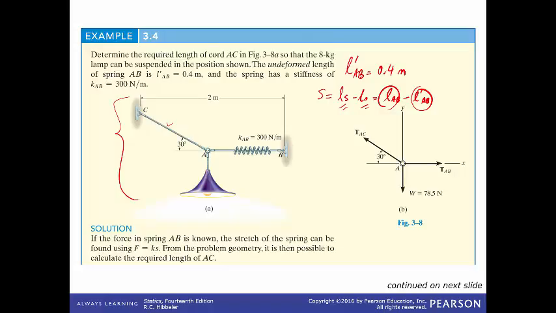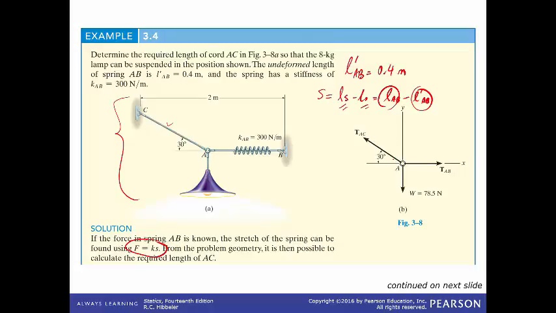And the stiffness constant of the spring is 300 newtons per meter. And what you need to remember is the equation here: the force exerted by a spring or on a spring equals the constant times the stretch. So this is the free body diagram.